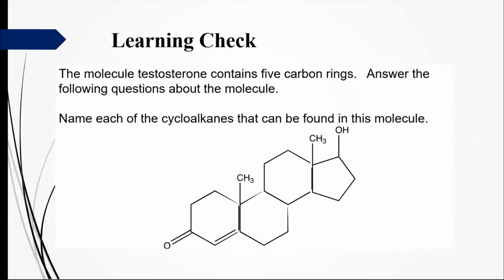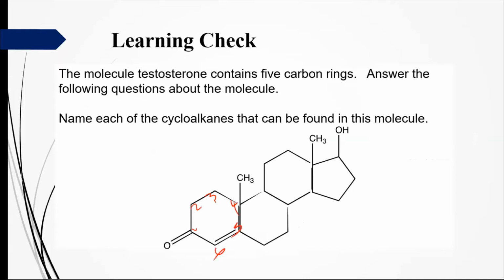So let's try that out. Can you name each of those rings? This is the testosterone molecule. It is made up of 1, 2, 3, 4 rings in this case. I don't know why I have 5 written up there. So we're trying to go through and name our different rings. We need to count the carbons that are inside. So 1, 2, 3, 4, 5, 6. That should be cyclohexane.